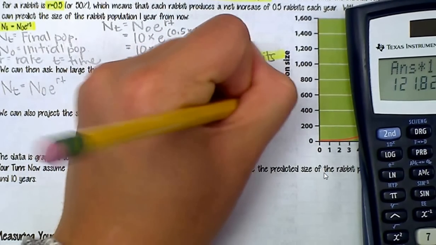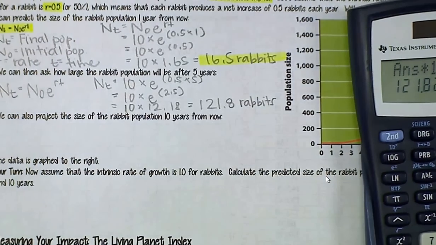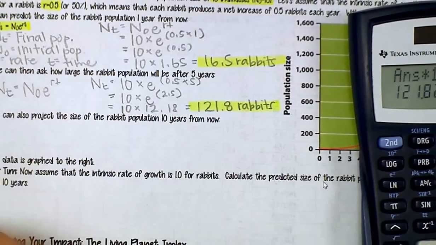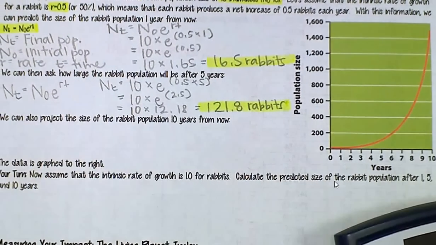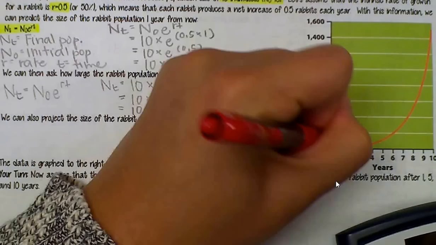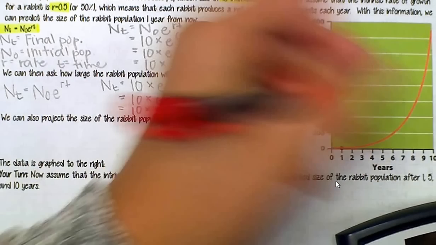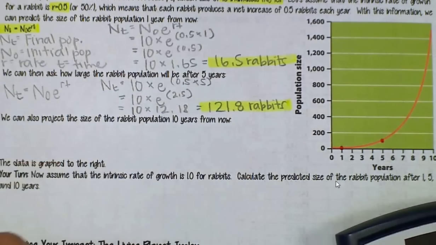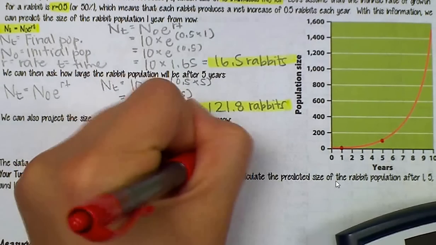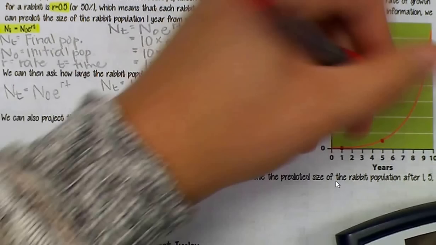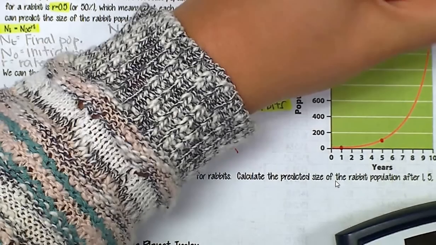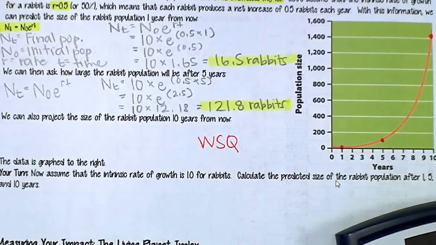So you can see that these are growing quite quickly. If we look at this graph here, after 1 year we still don't have very many, but after 5 years it started to rise. And then you're going to calculate this one for your WSQ, and it's probably going to be somewhere up here. So you need to determine what that is.